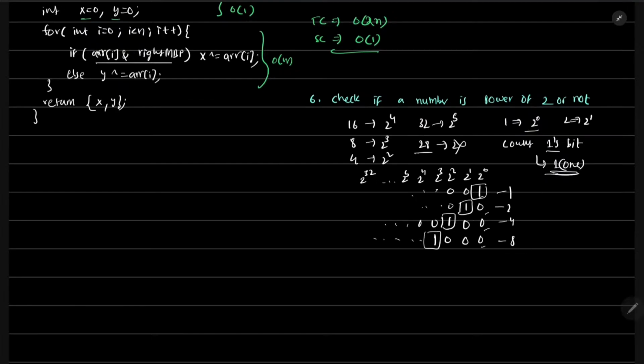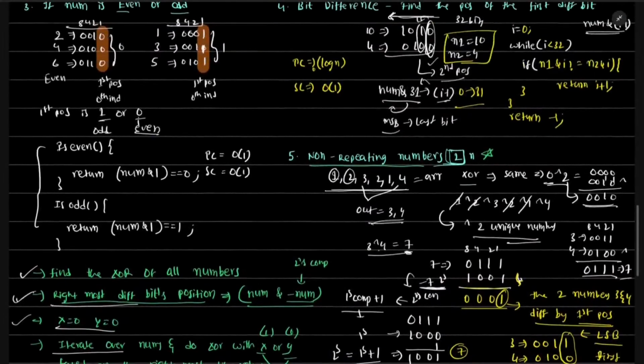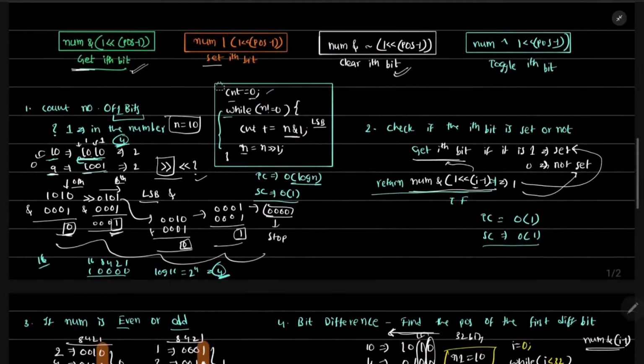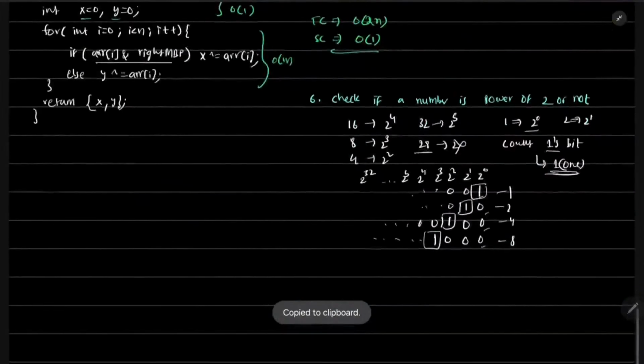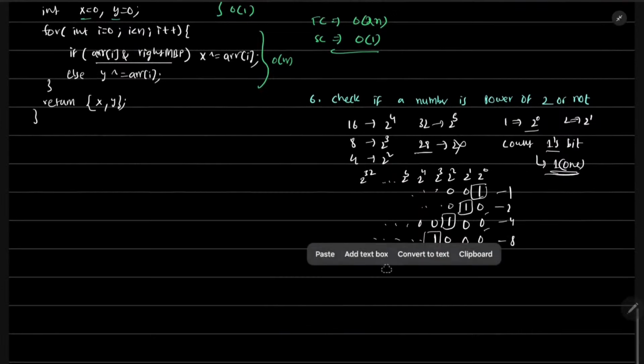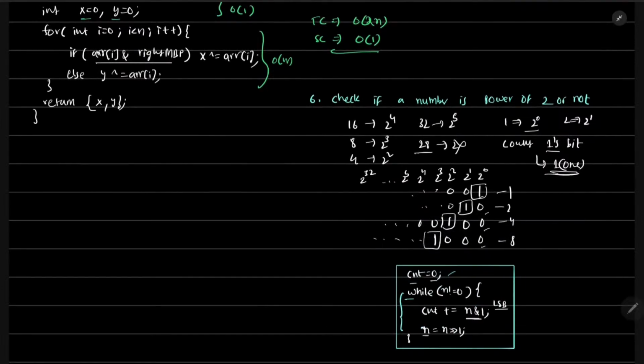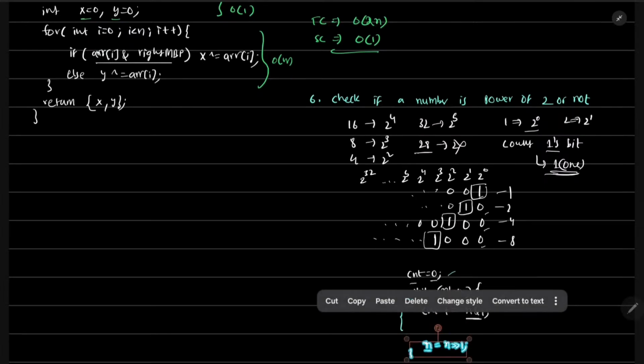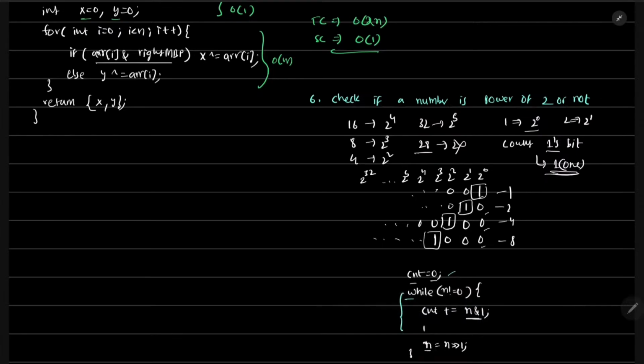So you take a while loop. You just copy the same count number of ones. Copy, paste it here, right? Now what we have to do here is put a small if condition inside this while, right?